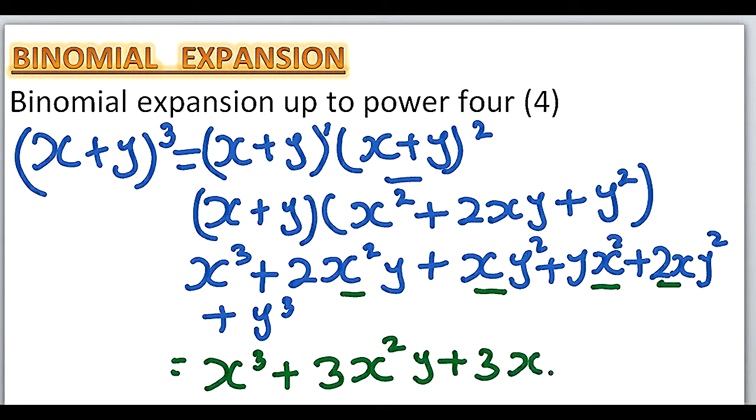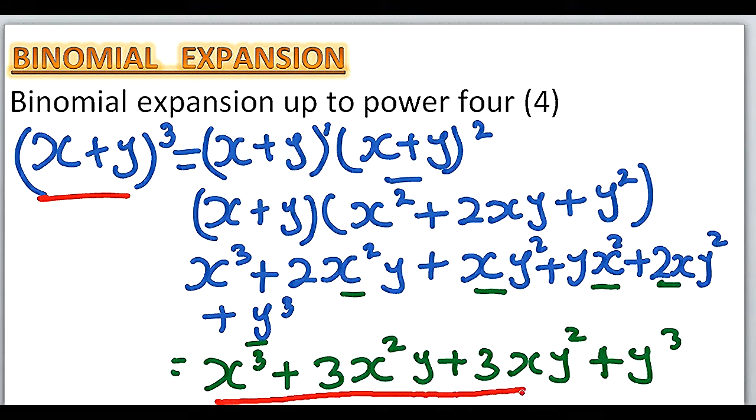So we have plus 3xy squared, and finally we have our y cubed. So this is the expansion that we get for (x plus y) cubed. When you expand to the last step, this is what you should get.